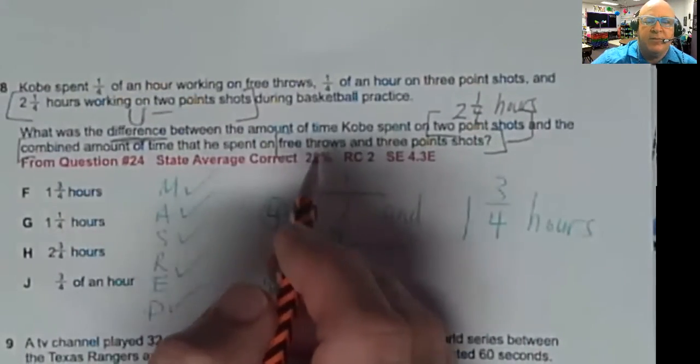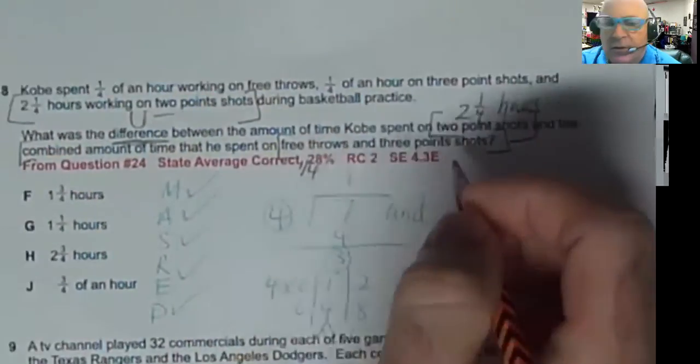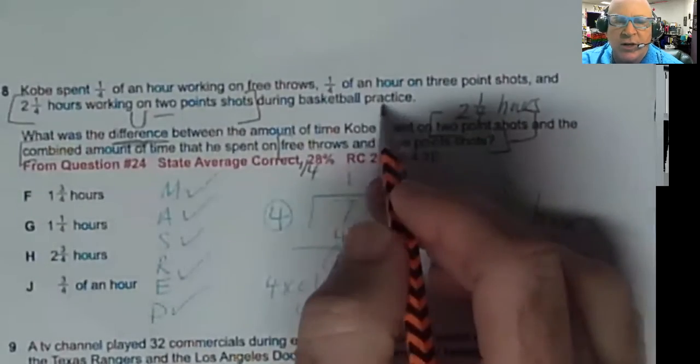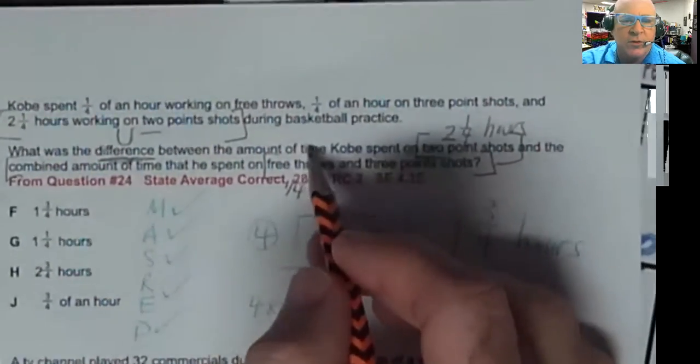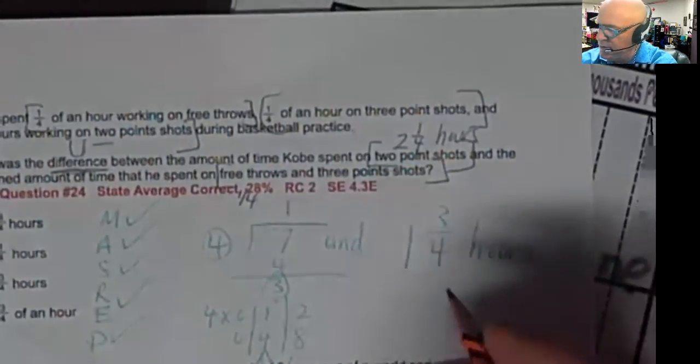And then it says the combined amount of time you spent on free throws, which is 1/4 of an hour. So we'll put that somewhere nearby, 1/4. And 3-point shots, which was, where is that? There it is, another 1/4 on 3-point shots.